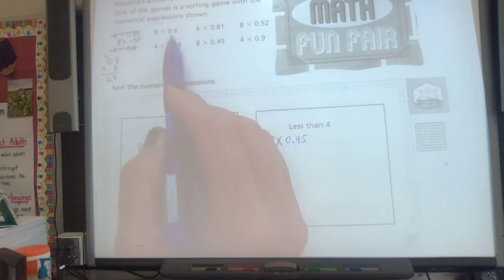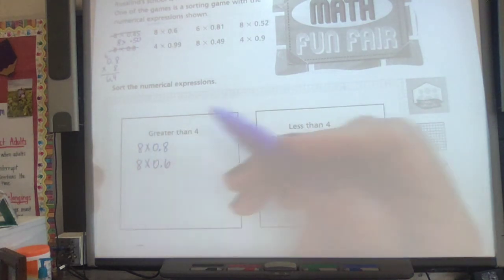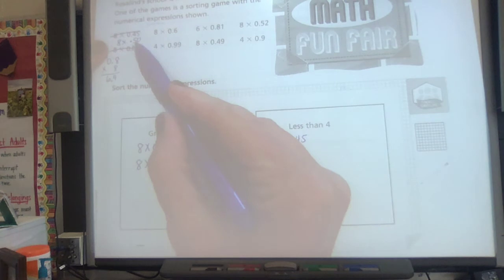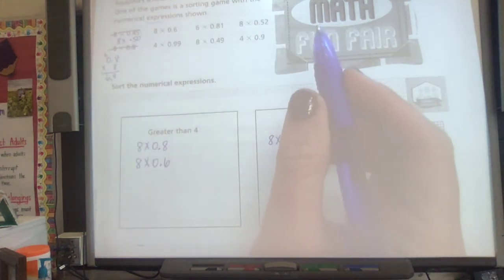Well, I've got more than that now. So that helps me to know that this is going to be greater than 4, right? Because we talked about if we had 5 tenths 8 times, that would equal exactly 4. So of course this is going to be bigger than 4. But again, work it out if you're not sure.